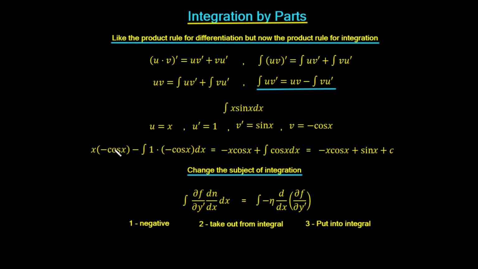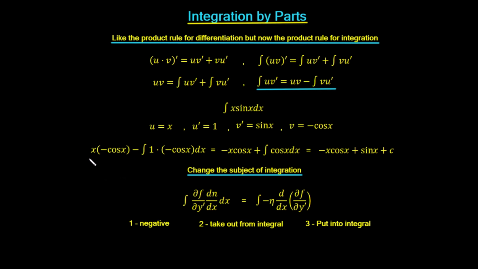So we'll have x times minus cos x, and we'll have minus the integral of our v, which is minus cos x, times the u derivative, which is a value of 1. So that's just 1 times minus cos x.